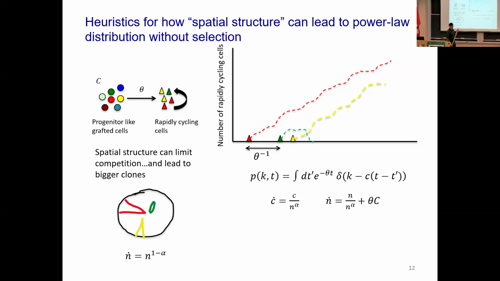I have a question. I'm a little bit not sure if I'm on the same wavelength here, but do you actually want to use some kind of ecological niche theory to describe this, with your limited competition from spatial structure?